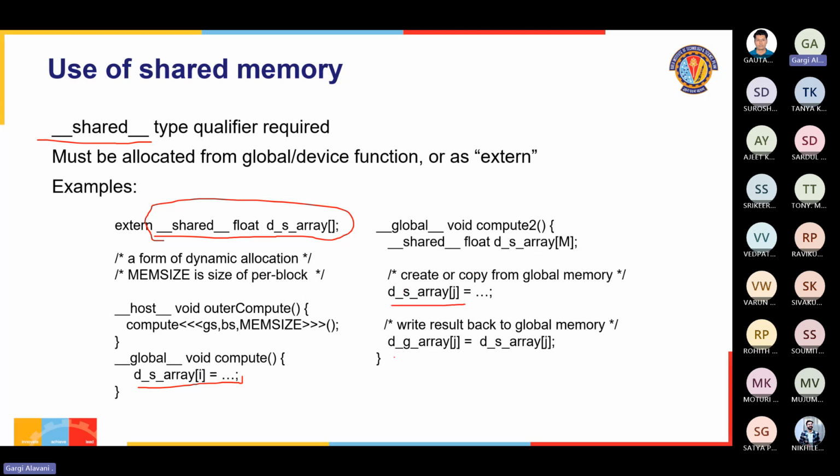Once the computation is done, move the result back to your global memory. So the computation happens in shared memory, and you do not try to fetch data from global memory every time. This significantly helps to improve performance.